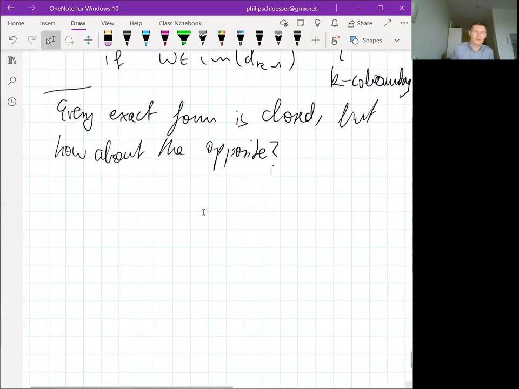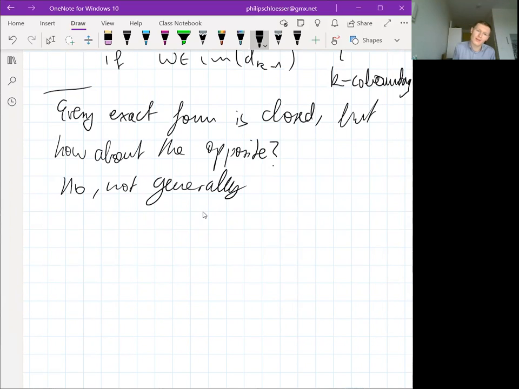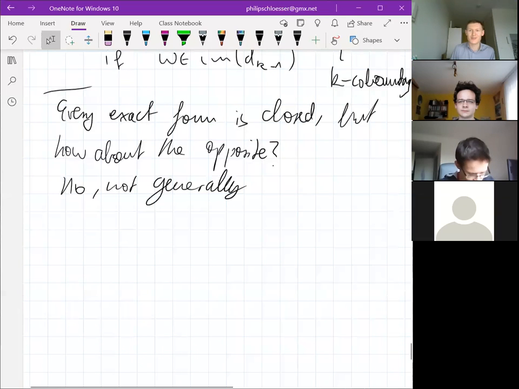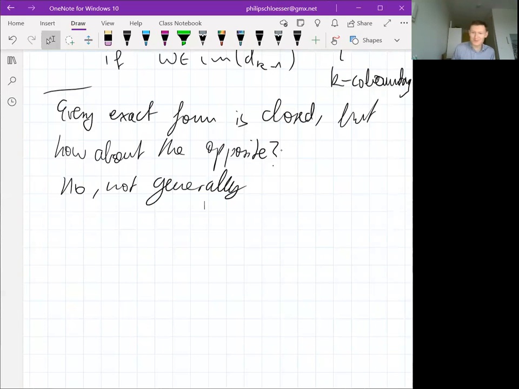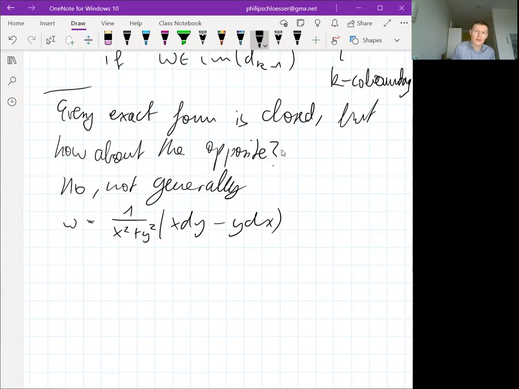I guess we can take an example, and maybe Nicholas will recognize this example from EK 2. We have ω is 1 over x squared plus y squared, times (x dy minus y dx).